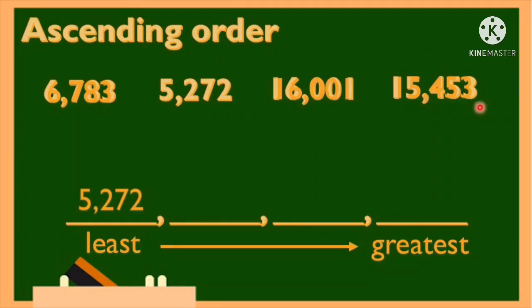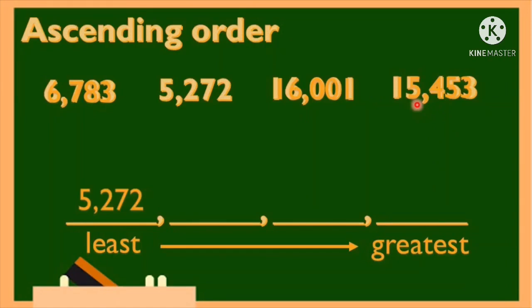Again, let us determine the greatest place value, which is the 10,000s, right? In their 10,000s place, we have the same 1 and 1. So we need to move on to the other digits. We have 6 and 5.